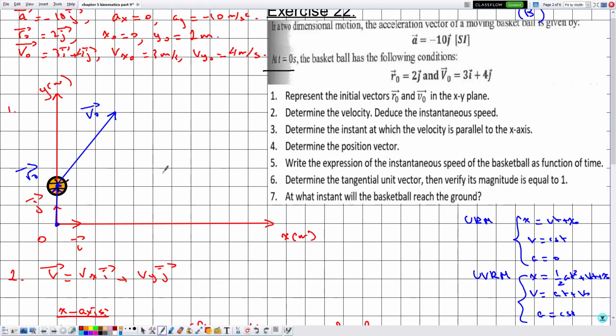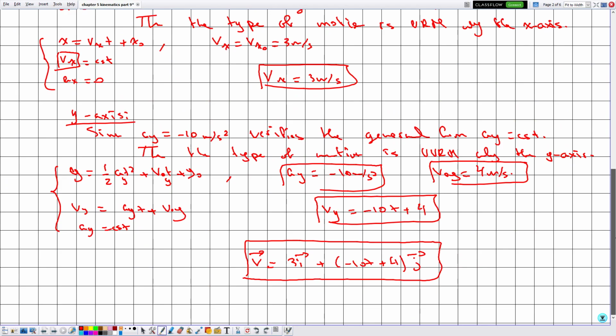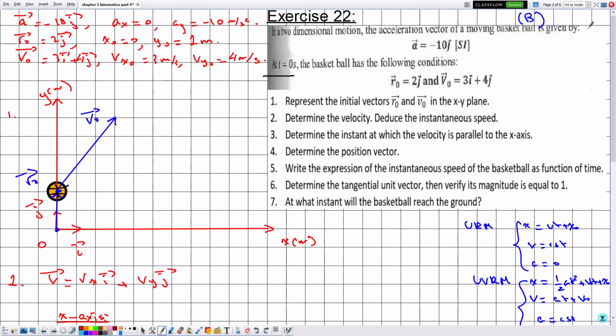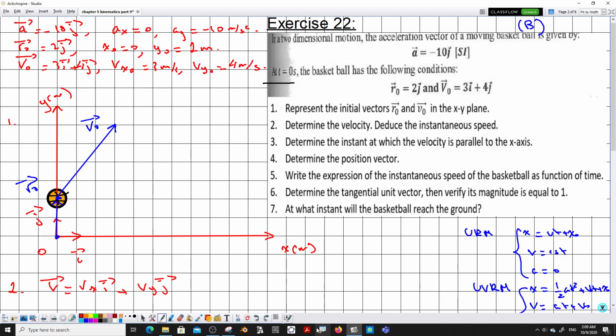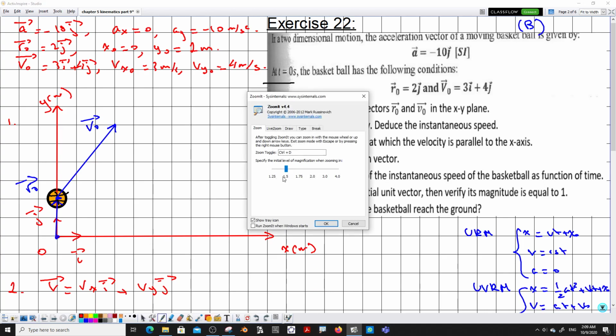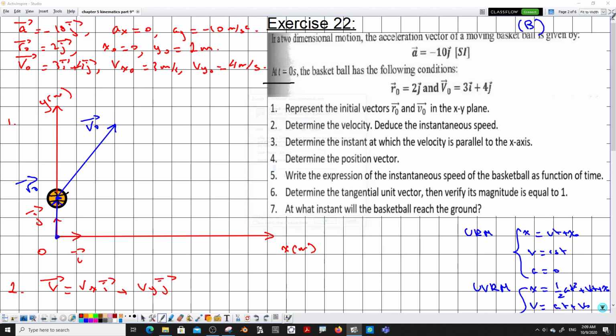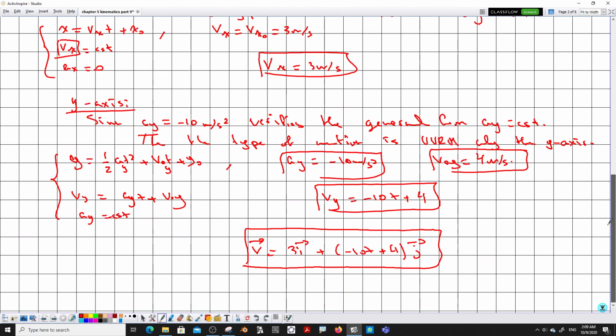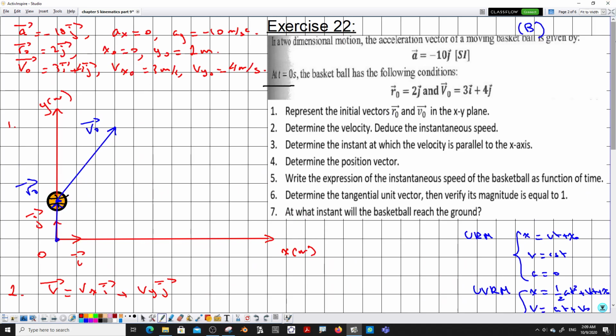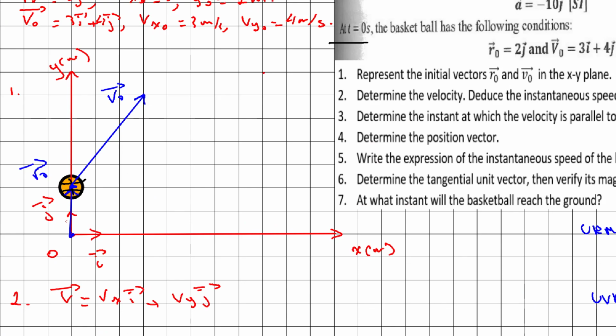The velocity vector that we have determined is v = 3i + (-10t + 4)j. So they are asking me to determine the instant t at which the velocity is parallel to the x-axis.